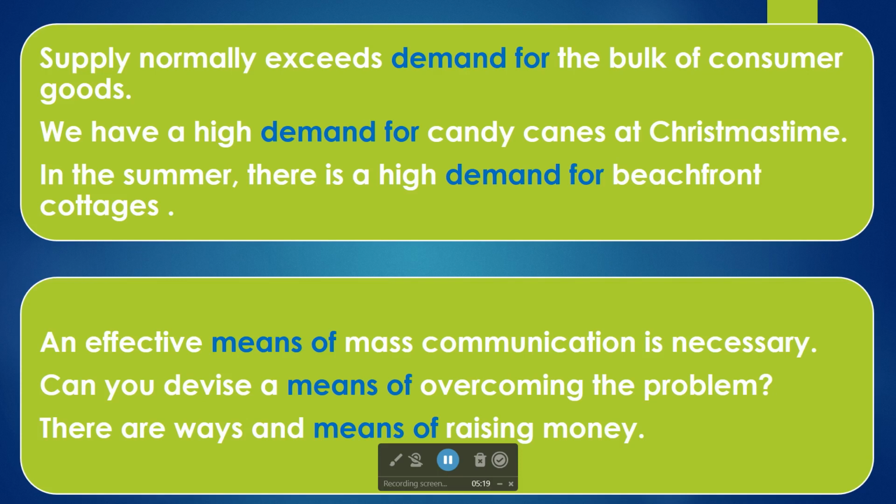Okay, second sentence is, can you devise a means of overcoming the problem? So here, devise means you come up with ideas. So can you come up with the ideas, the way we can overcome the problem? Overcome the problem means that you are trying to find a way to get rid of the problem.